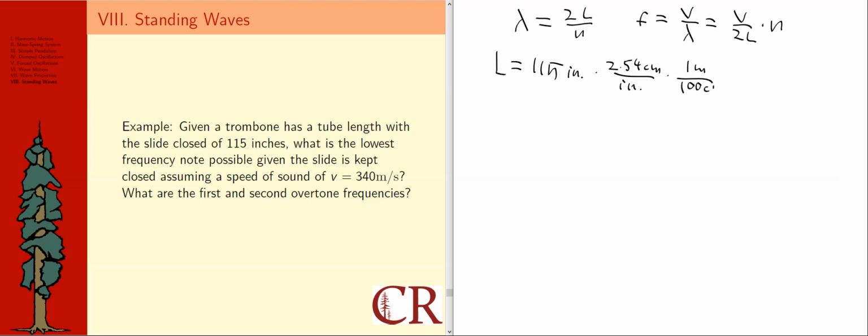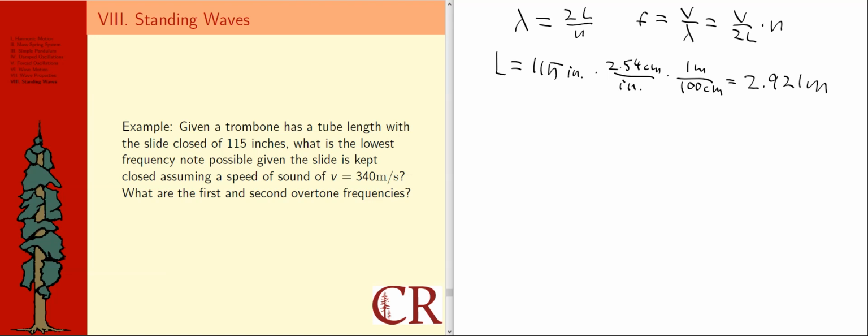My calculator gives me 2.921, which should be in meters. I'm just going to use that without rounding because this is an intermediate result.